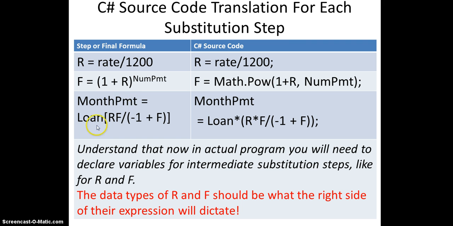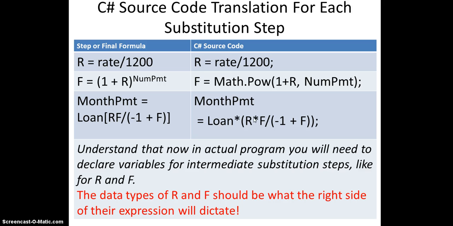So my month PMT formula, which was like this, loan into R into F, minus 1 plus F, becomes, each bracket has to be changed, or blank space has to be replaced with an asterisk. So it became loan, asterisk, R, asterisk, F, divided by minus 1 plus F. Don't forget the asterisk.